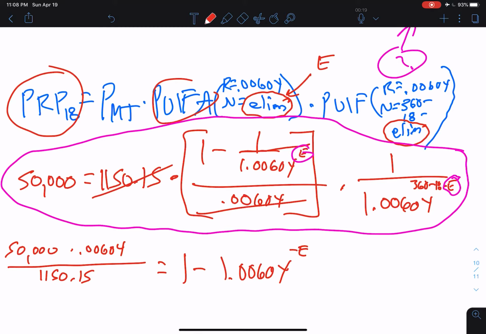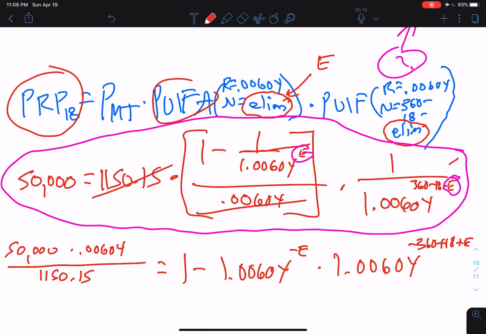And multiplied by this, I'm going to write that differently also. I'm going to bring the denominator up. So multiplied by 1.00604. Now I've got to multiply this by minus 1. So I'll get minus 360 plus 18 and then plus E, right?